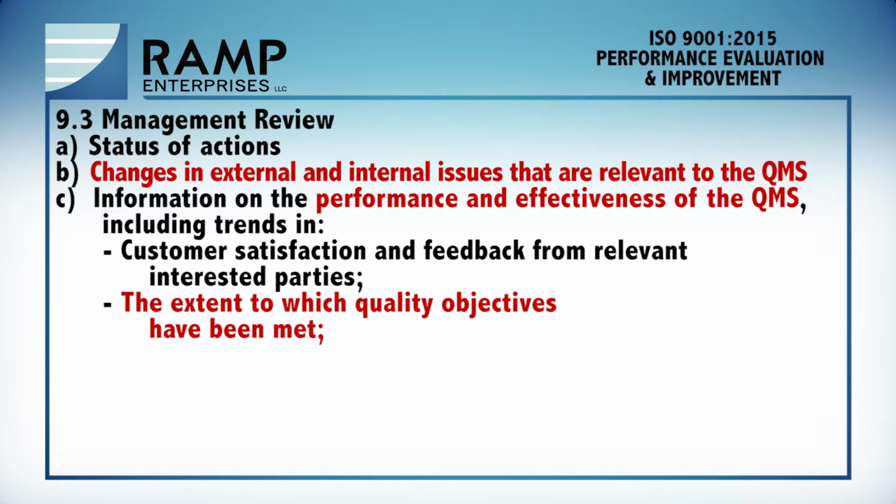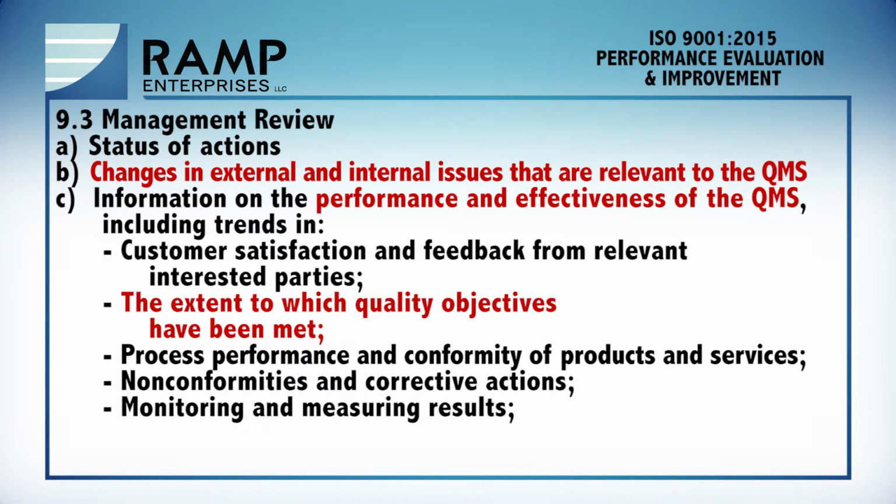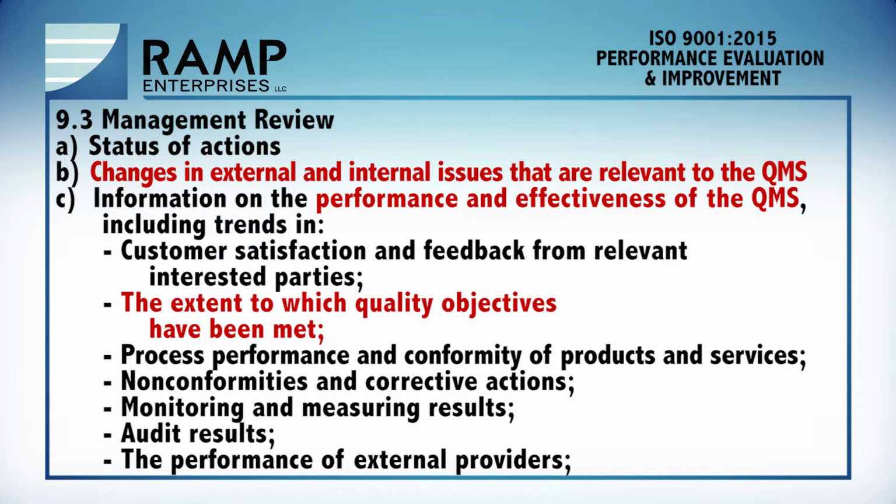Also, the extent to which quality objectives have been met. Process performance and conformity of products and services. Nonconformities and corrective actions, monitoring and measuring results, audit results, and the performance of external providers, your suppliers.